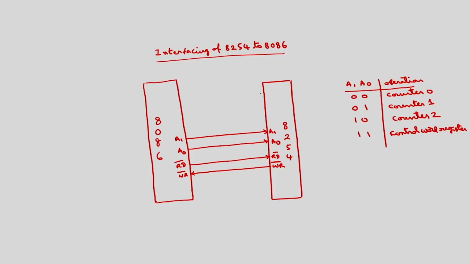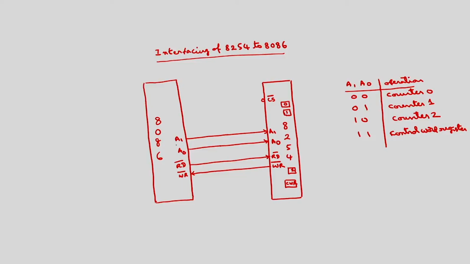Then we have to generate the chip select of this particular 8254 IC. Inside this there are three counters: counter 0, counter 1, counter 2, and the control register. I will use 8-bit addresses of these counters.